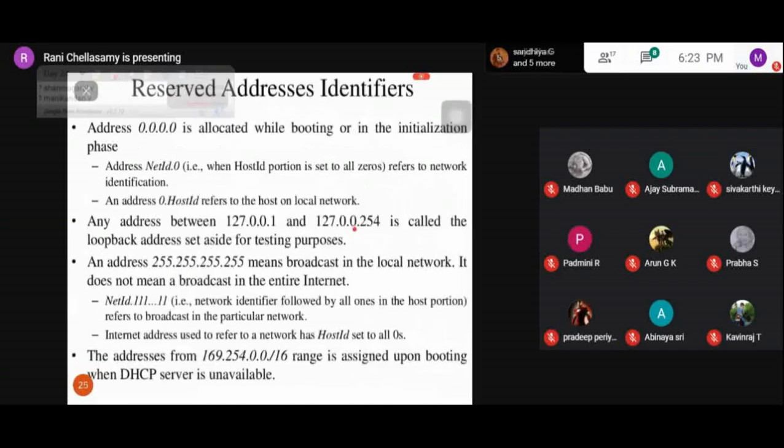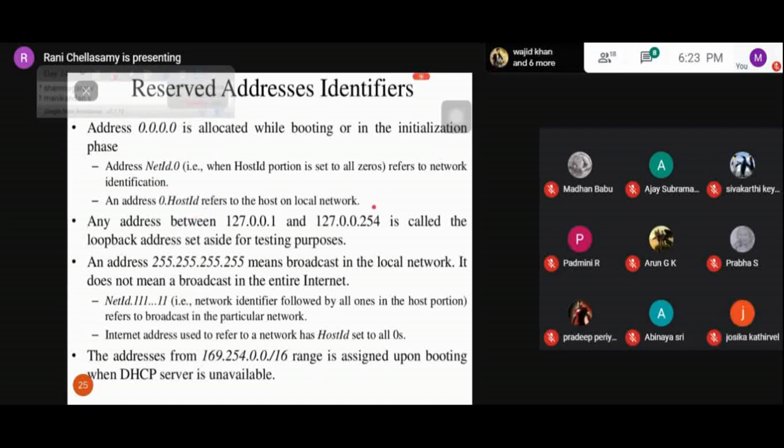The address 0.0.0.0 is allocated for booting, or we can say the initialization phase. Network ID with 0 host part refers to network identification, that is network ID dot 0, and 0 dot host ID represents the host on the local network.